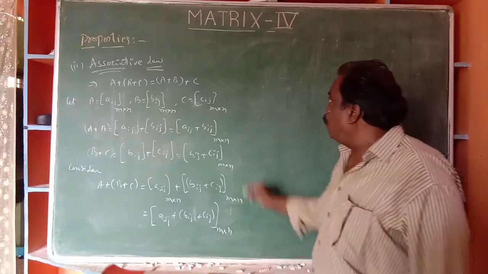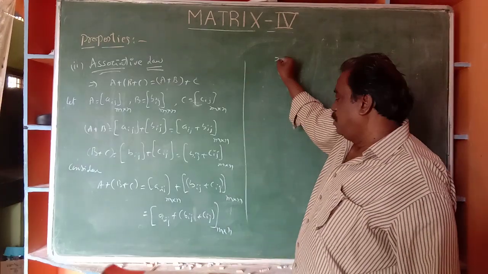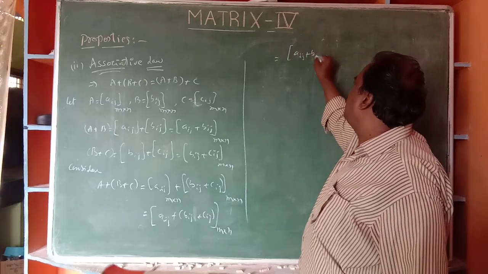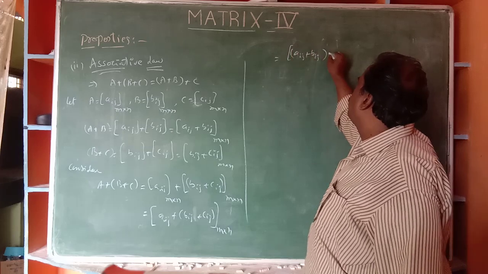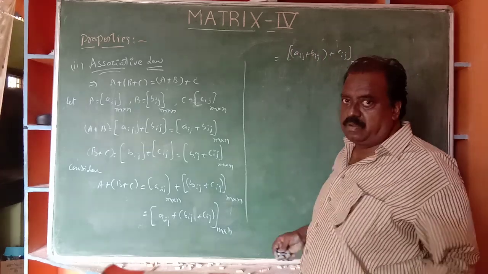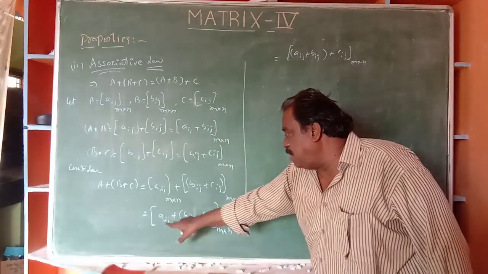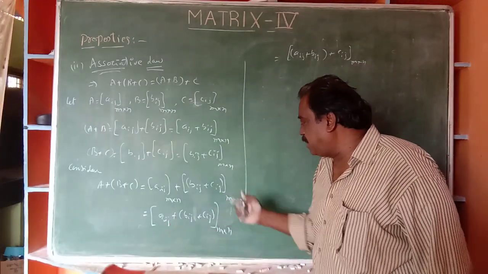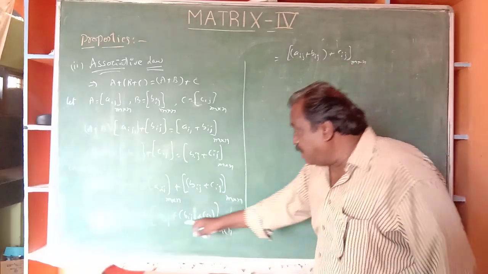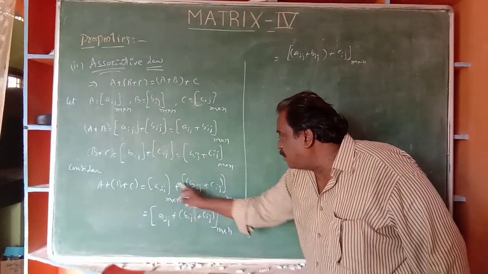So here also, I want to write it as Aij plus Bij plus Cij, M by N. Don't get confused. Aij plus Bij in one bracket, Cij separate, because they are numbers, not matrices. Here these are elements.